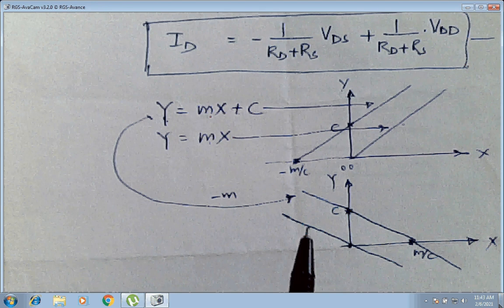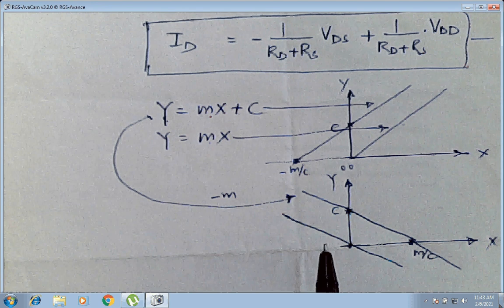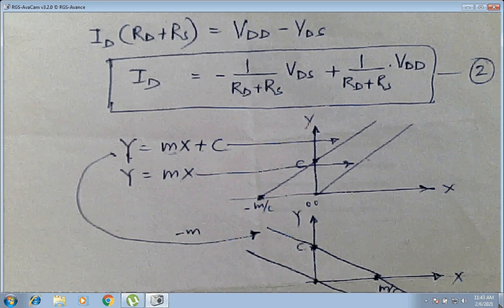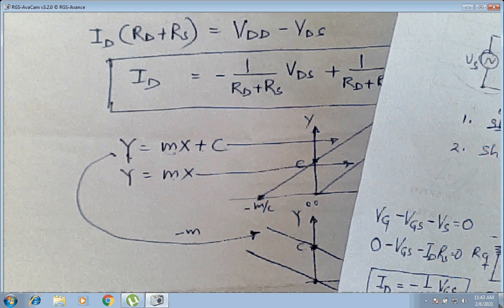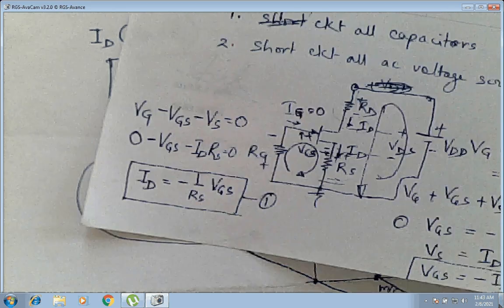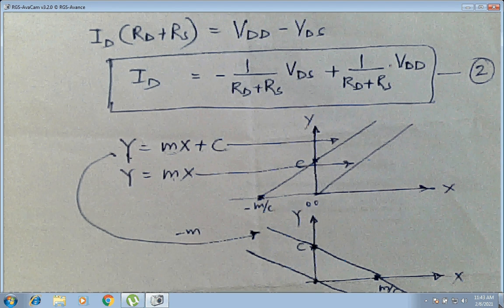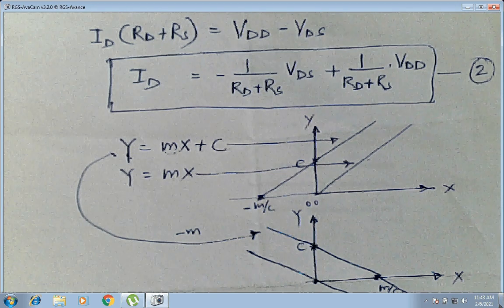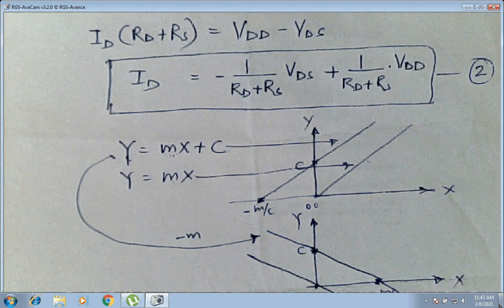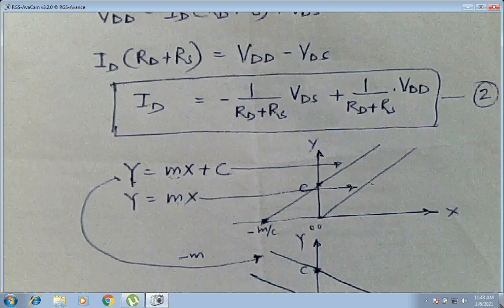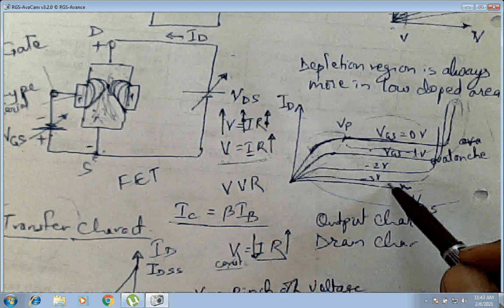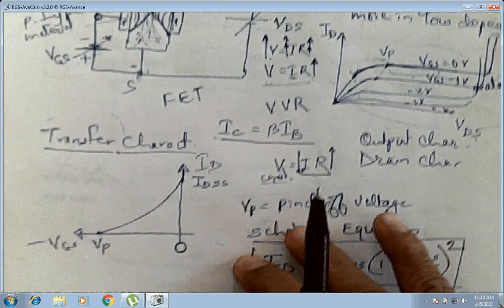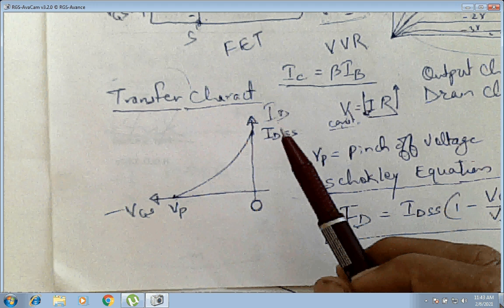So coming back to our two equations, this is our first equation and this is our second equation, and coming back to the two graphs we had plotted. This is one graph, which was between ID and VDS, and this is our second graph, which was between ID and VGS.